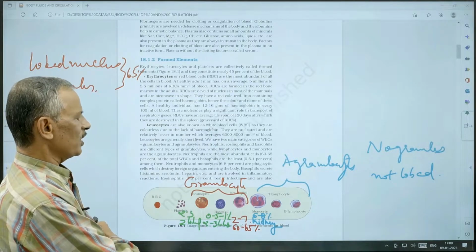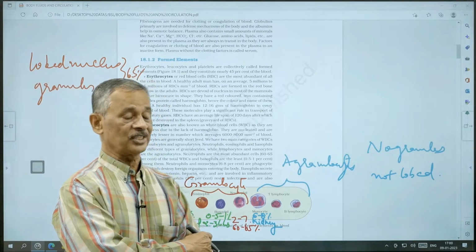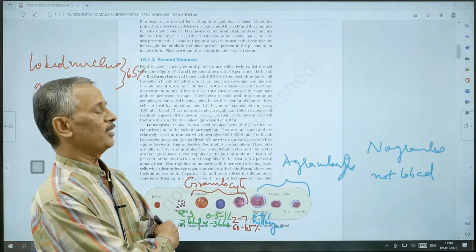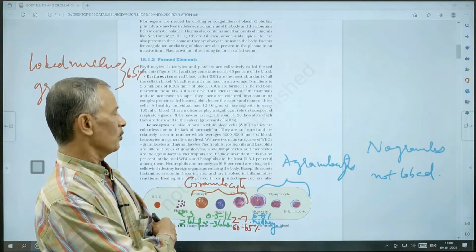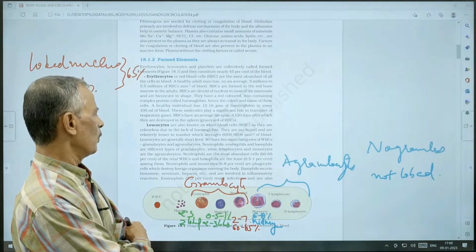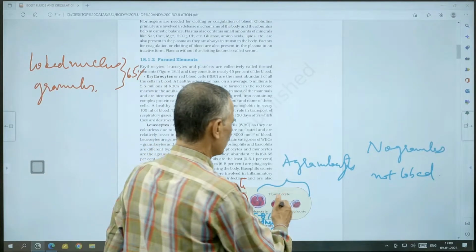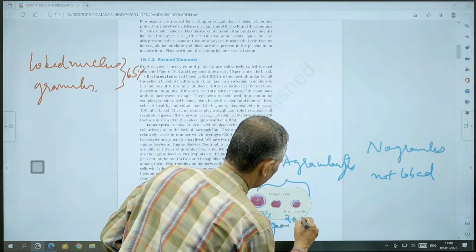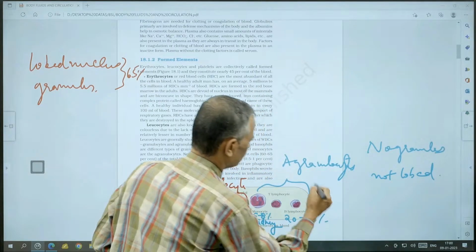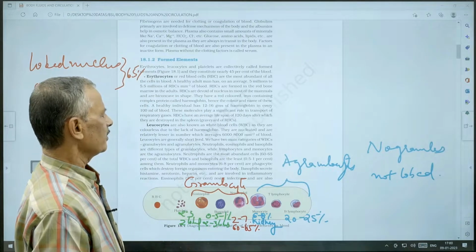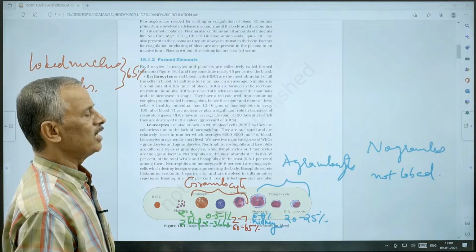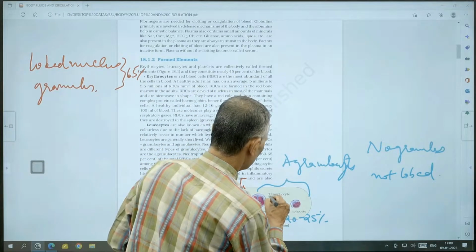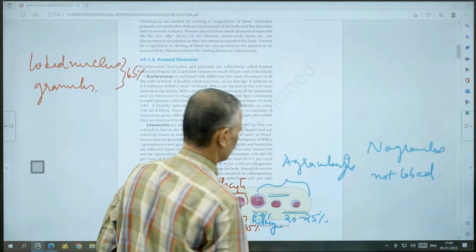These monocytes are macrophagic in nature. They can put forward pseudopodia and take and eat any foreign material that is entering into our body. And lymphocytes are smaller cells. They constitute 20 to 25%. And they are concerned mainly with immunity. There are two types of lymphocytes, T lymphocytes and B lymphocytes.